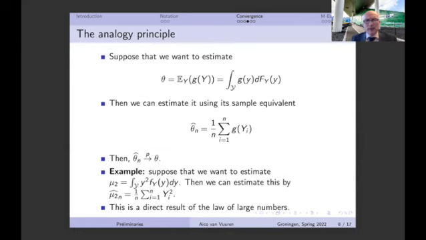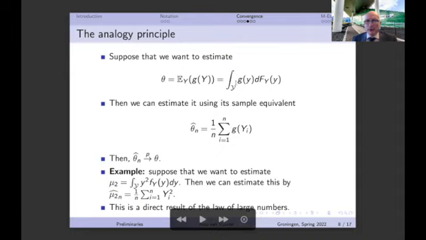Well, another thing which is related is the so-called analogy principle. In many situations, what we would like to estimate is some kind of estimate theta, and theta is actually nothing else than the population mean of this g(y) that we have over here. We already know what population means are, because population means are nothing else than integrals.